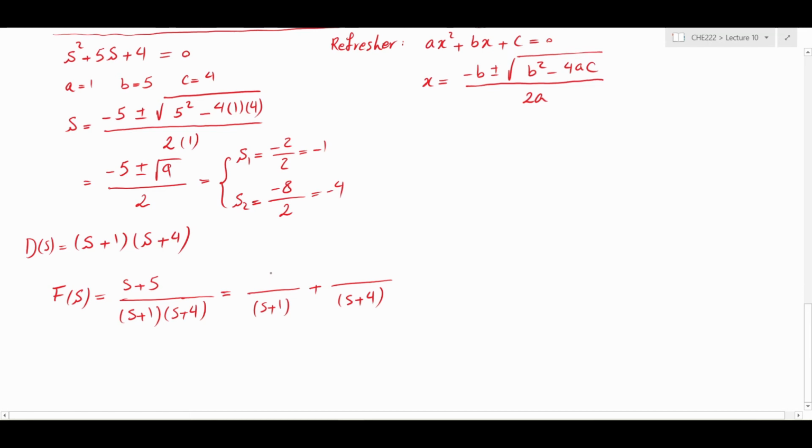So we just call them alpha 1 and alpha 2. And we have to find proper alpha 1 and alpha 2 that give us the exact expression that we have on the left hand side. And this is where we need the method of partial fraction expansion or partial fraction decomposition.